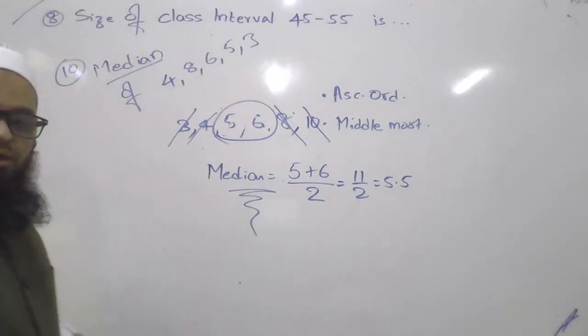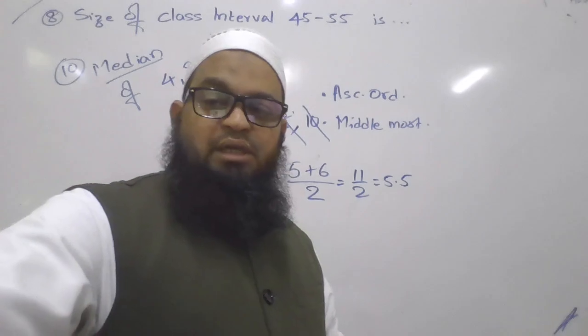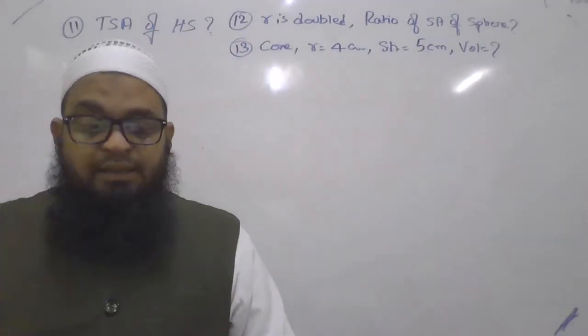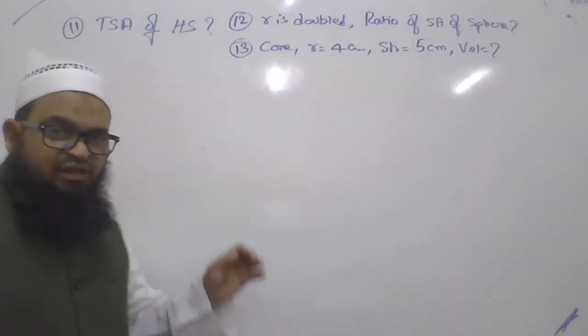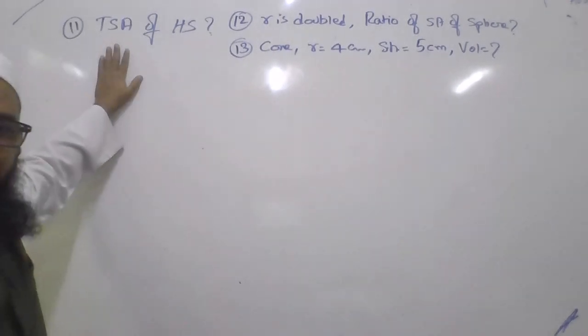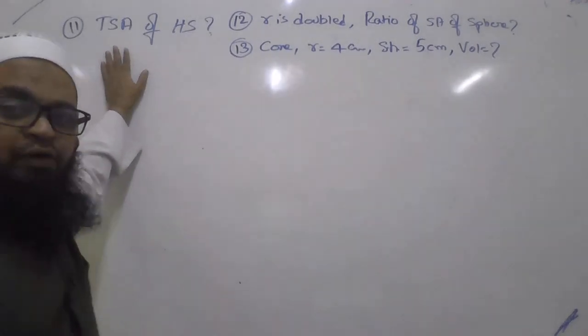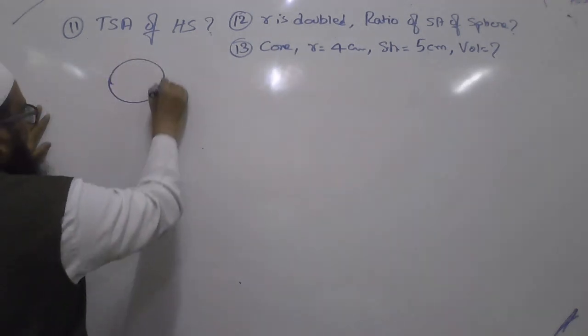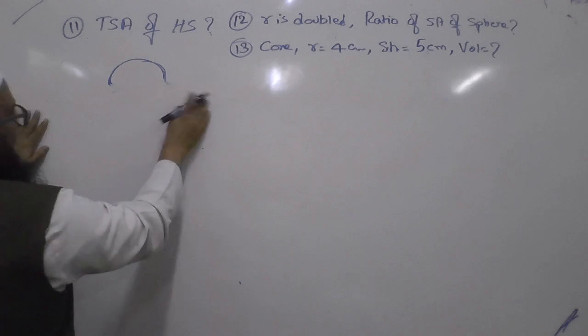Okay, now I will pause because I have to write the next question. Students, now the 11th question is, what is the total surface area of a hemisphere. The hemisphere, you remember, right? It is nothing but a sphere and we made it into half.